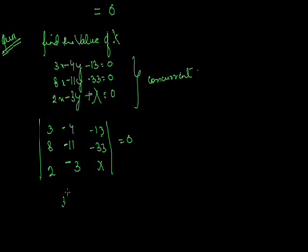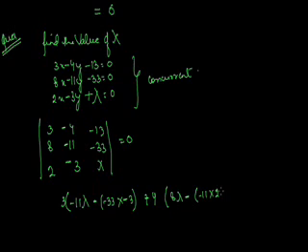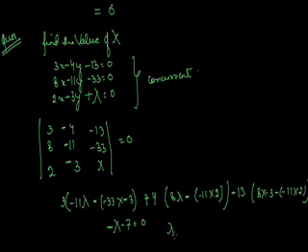Solving it, I get my equation as minus lambda minus 7 equals 0. So lambda equals minus 7.